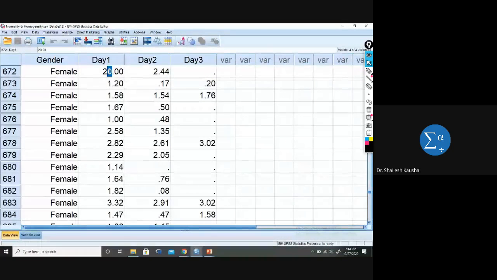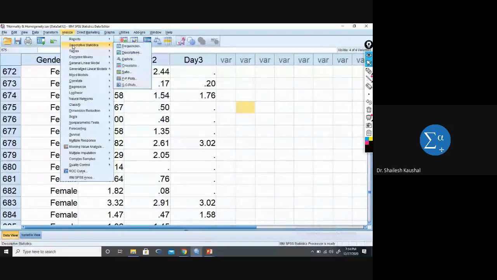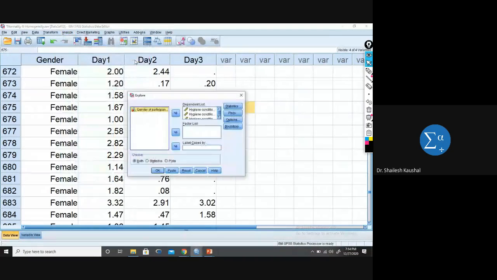So I am correcting it and then I am applying the normality test again. Analyze, Descriptive Statistics, Explore. I can choose all three and transfer them here.